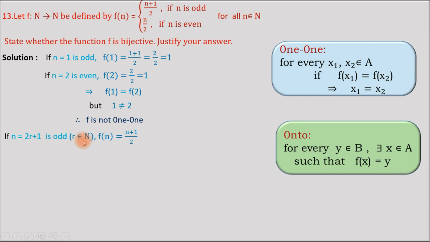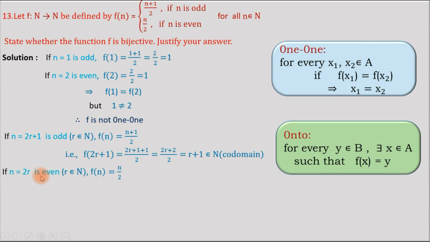If the number is odd, then f of n becomes n plus 1 by 2. Now take f of n, that is f of 2r plus 1. f of 2r plus 1 equals 2r plus 1 plus 1 divided by 2. That means 2r plus 2 by 2 which is equal to r plus 1. Means r plus 1 is the image of 2r plus 1 which belongs to codomain natural numbers.